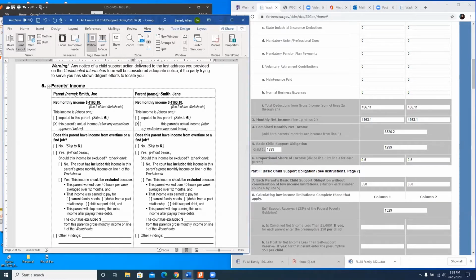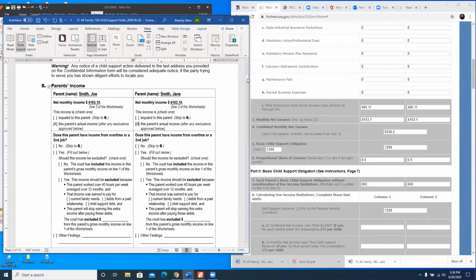It is not imputed. Now, if you do not know the other parent's income, then you can impute the income. Now, how you do that is, first of all, you look at historical income. If you don't know the historical income, then there's a couple other options.